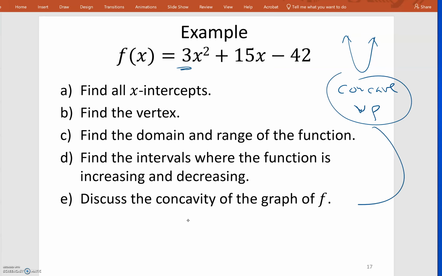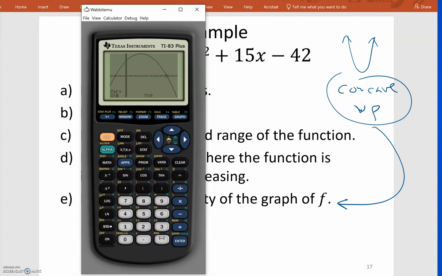So actually, I already answered part E. So we did that kind of right off the bat. But to find the intercepts, the vertex, and the domain and range and so forth, I need to graph it and see, does it do this, or does it do this, or does it do neither of those? So let's graph it and see what we got.